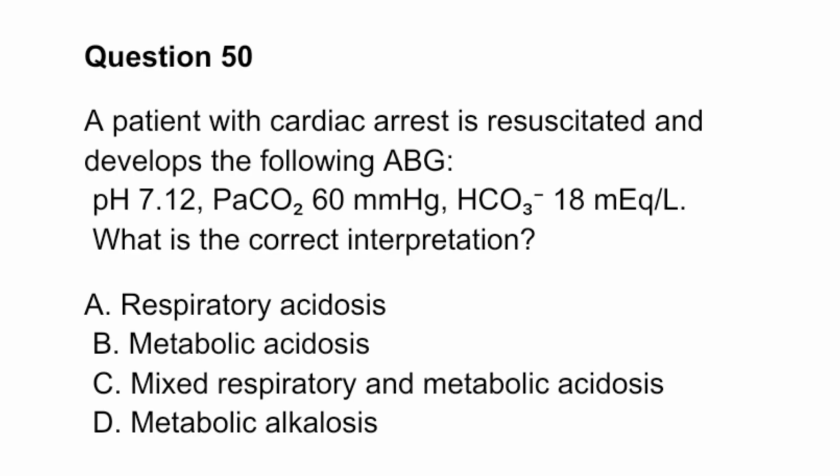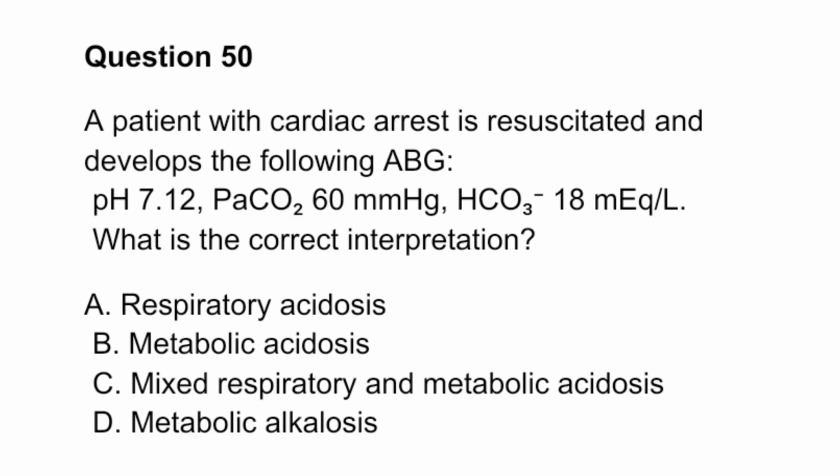Question 50. A chronically ill patient with cardiac arrest is resuscitated and develops the following ABG: pH 7.12, PaCO2 60 mm of mercury, HCO3- 18 milliequivalents per liter. What is the correct interpretation? A. Respiratory acidosis. B. Metabolic acidosis. C. Mixed respiratory and metabolic acidosis.